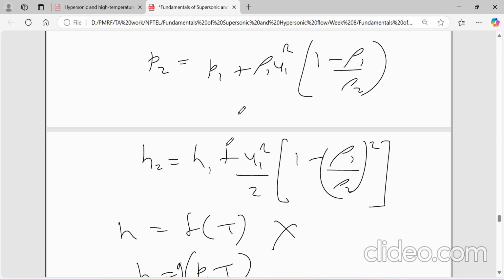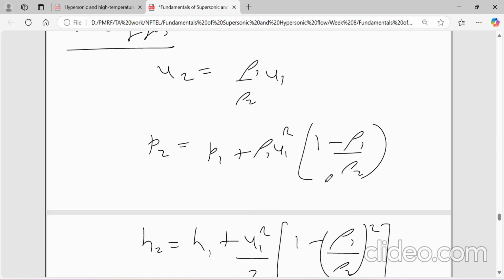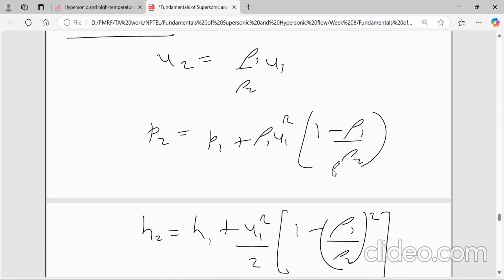So it is difficult to solve analytically, we have to solve it numerically only.